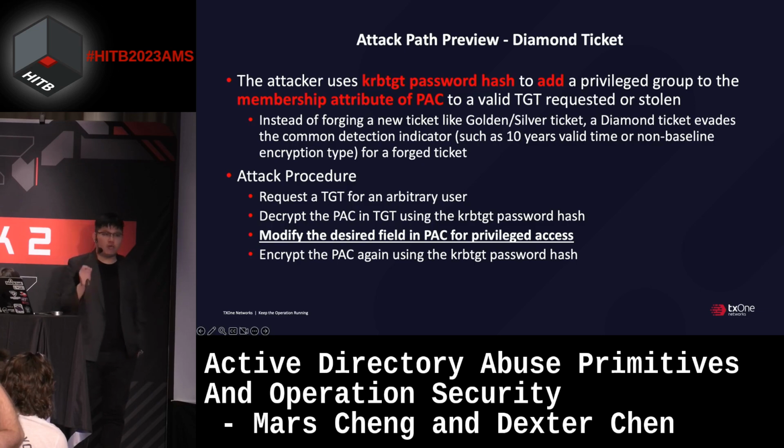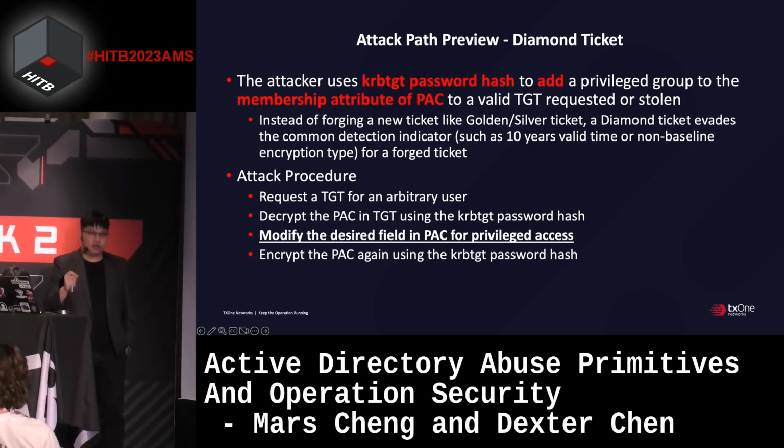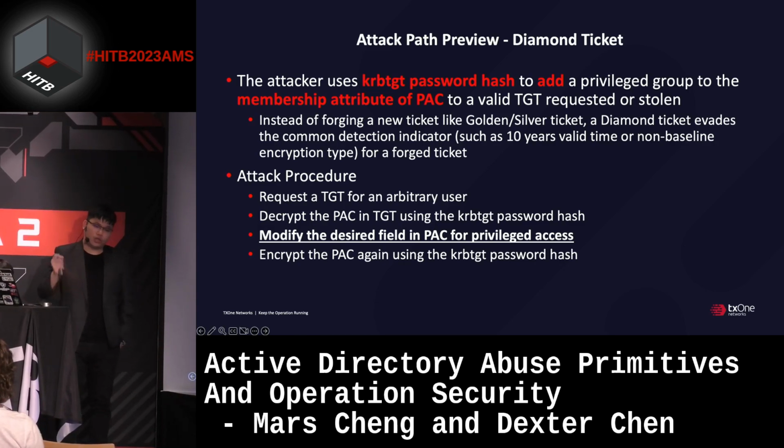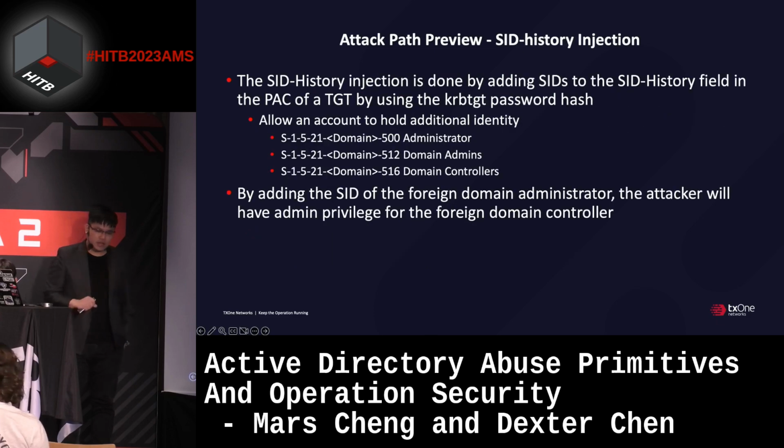So for example, if we want to give this ticket the domain admin privilege, we just add the Domain Admins group to the membership attribute of the PAC. So this ticket has the domain admin privilege. So for a diamond ticket, first we need to have a ticket and the KRBTGT password hash. Then we can modify the fields we want in the PAC. Okay, this is diamond ticket.